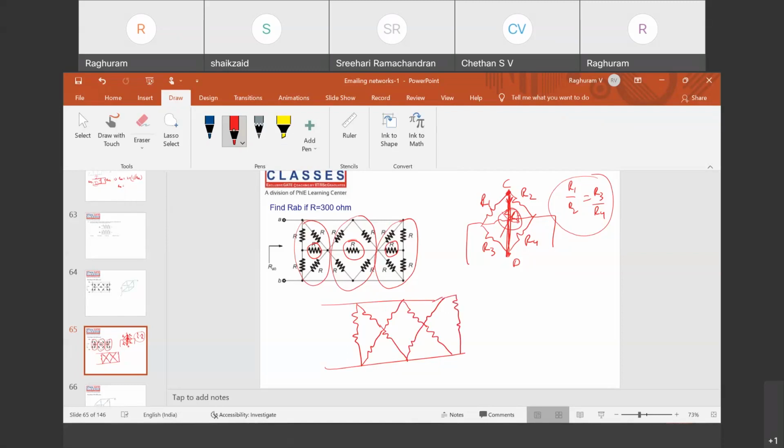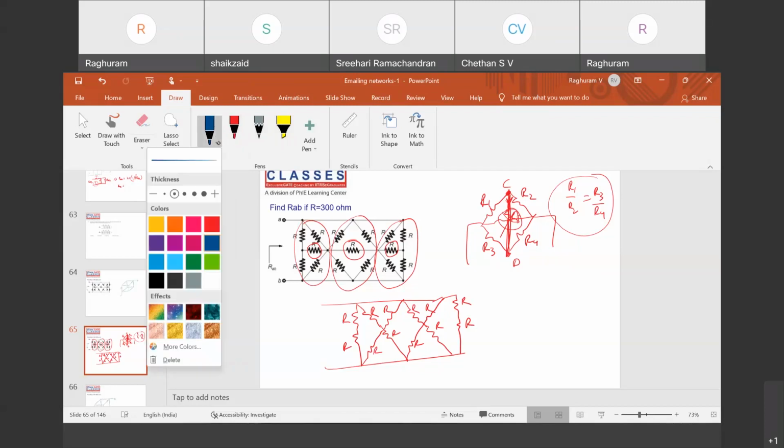This is the circuit, right? Each of R ohms, all of R ohms. Now what can you see from this? See these two resistors, this resistor and this resistor.